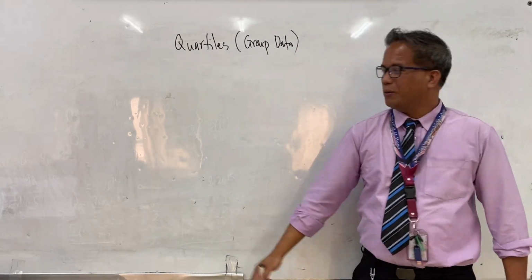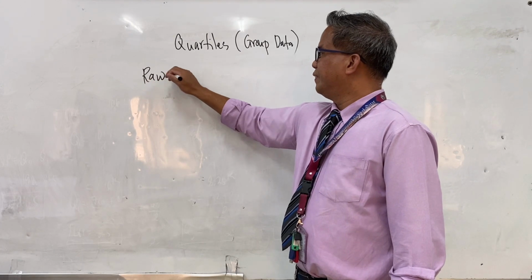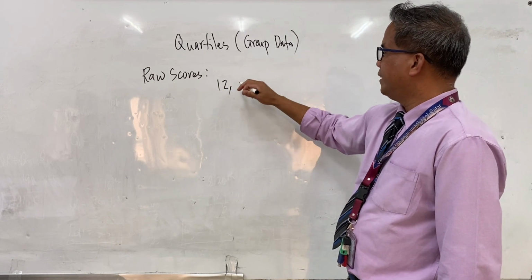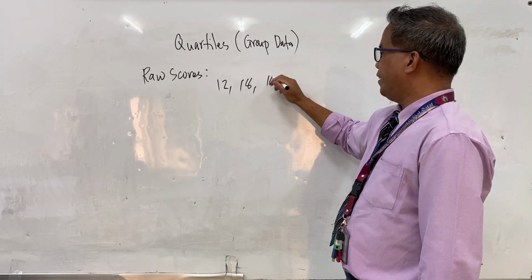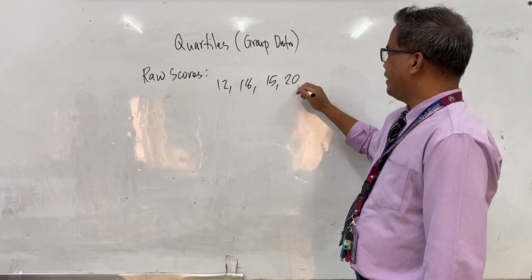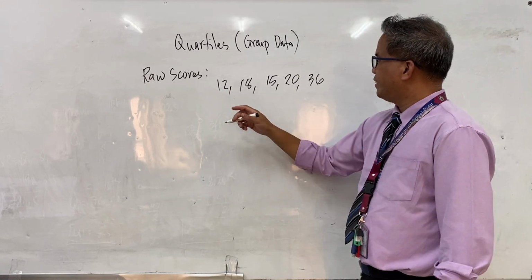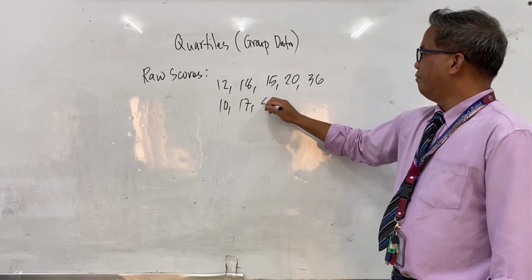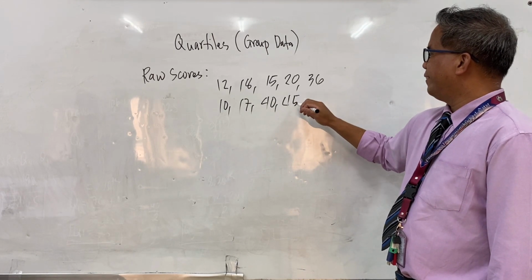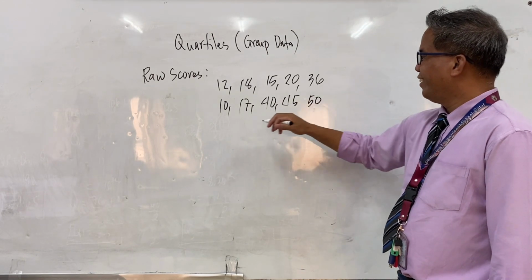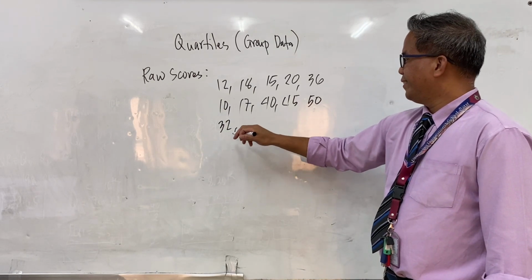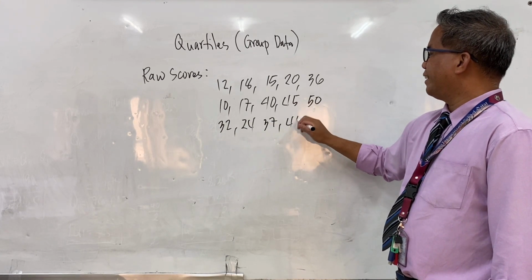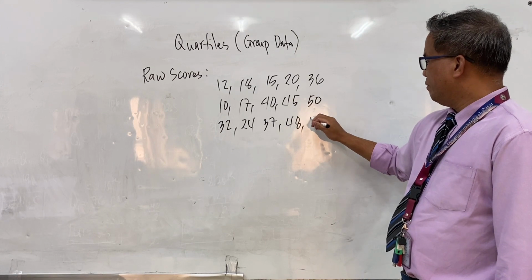For example, given the raw scores, let's have 12, 18, 15, 20, 36, 10, 17, 40, 45, 50, 32, 24, 37, 48, and 45.